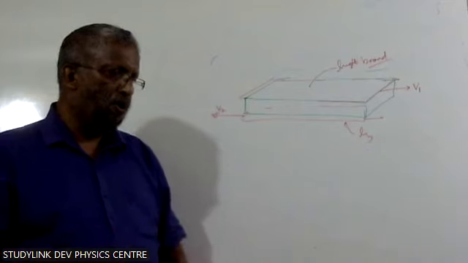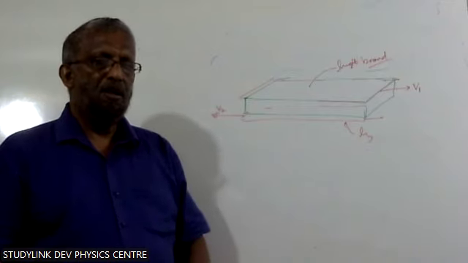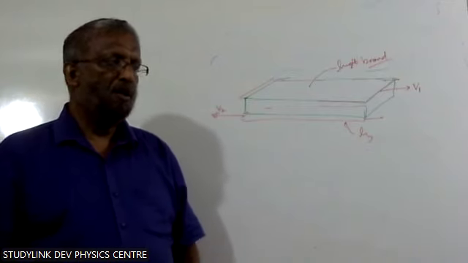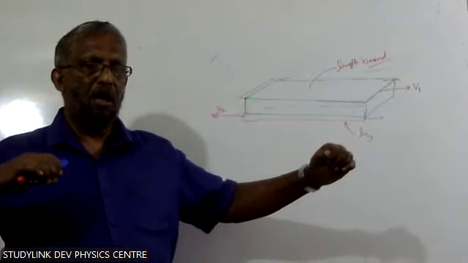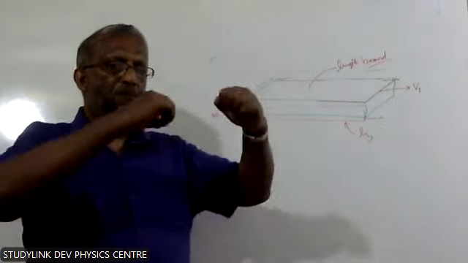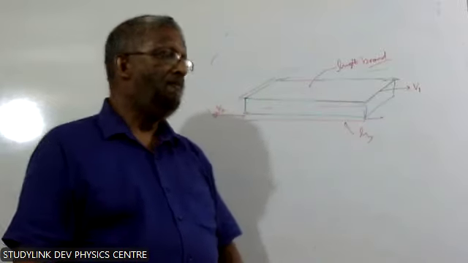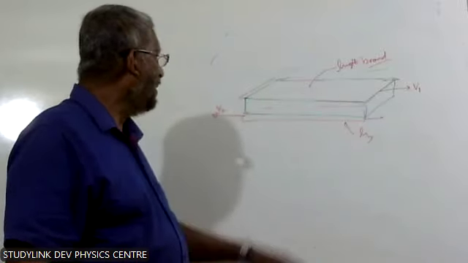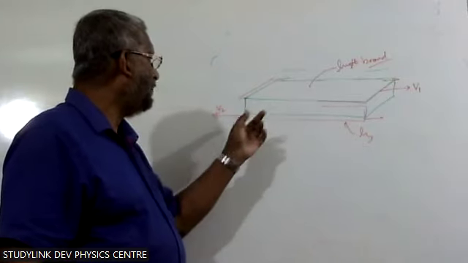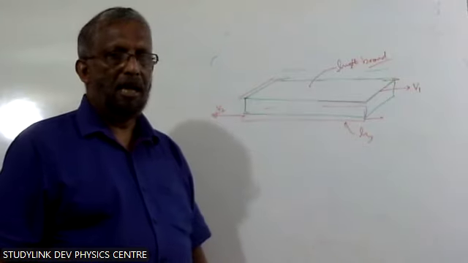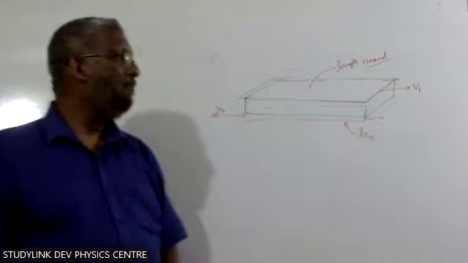Those two boards are pulled in opposite directions, V1 and V2, as shown in the diagram.